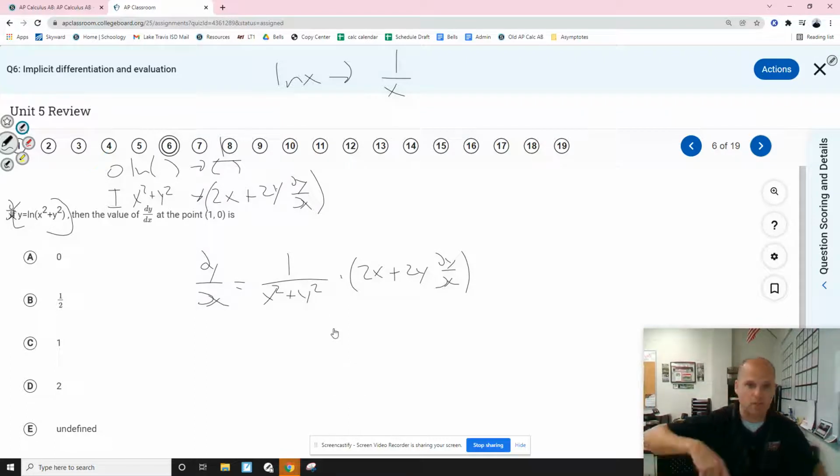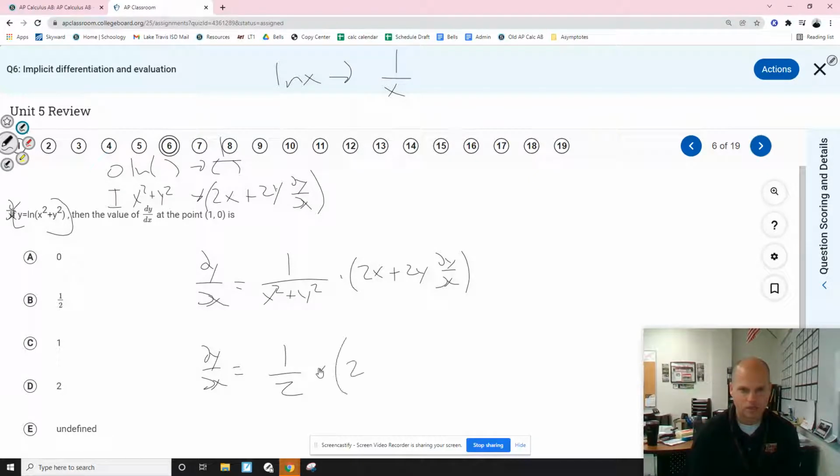My advice for this question, plug in 1, 0. Plug it in right now. Because if you didn't, you'd have to distribute, and it would be really messy. But if they're asking you for this point, just go ahead and make life easy on yourself. 1/2 times 2. Wait, that's not 1/2. Hold the phone. It's 1, 0, not 1, 1. So this is 1 times 2 plus 0. dy dx is 2.